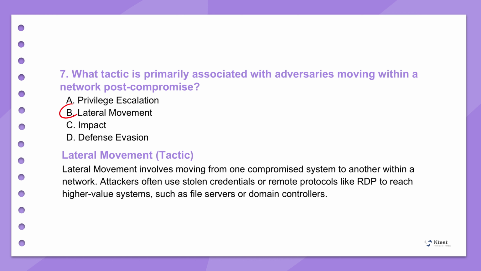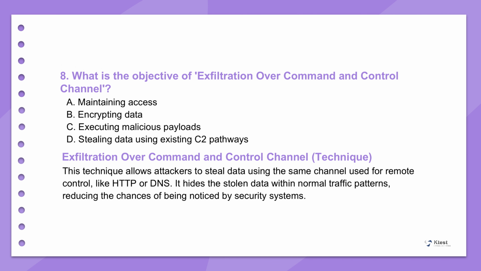And once they find those crown jewels, that sensitive data, they often want to steal it. Which brings us to exfiltration. The source had a specific technique. Exfiltration over command and control channel. Yeah, exfiltration is the tactic of stealing data, getting it out of the network. And doing it over the C2 channel. What's C2? Command and control. It's the communication channel the attacker uses to manage the compromised system, send commands, receive output.